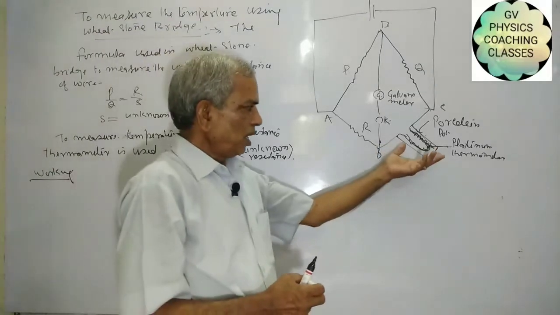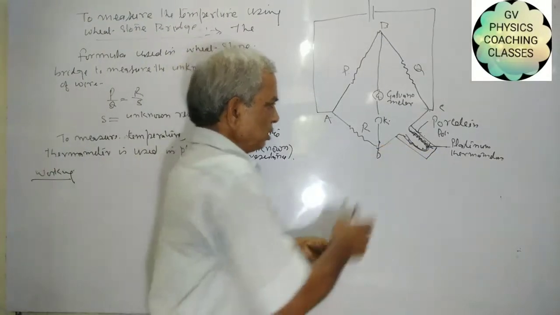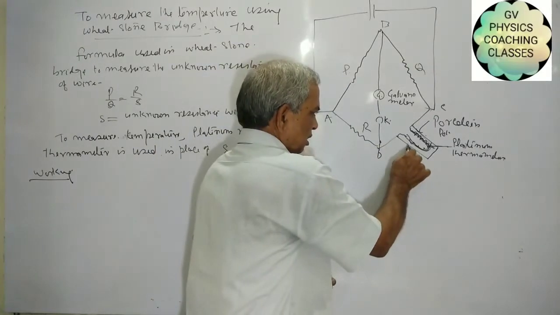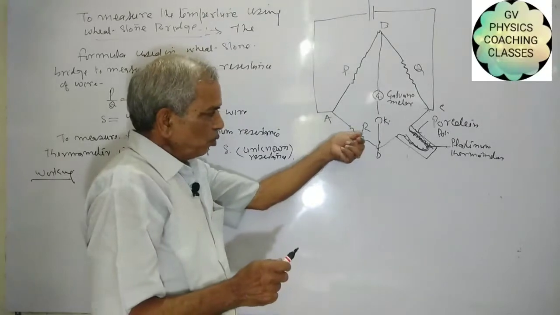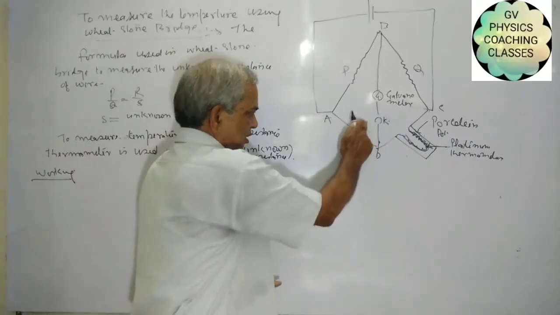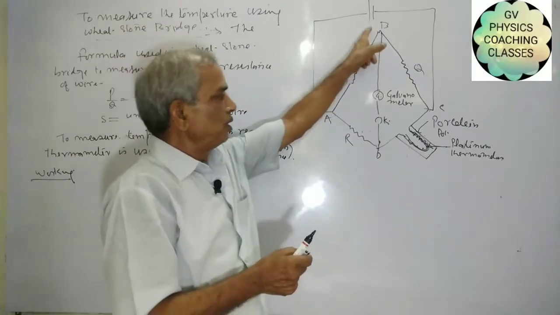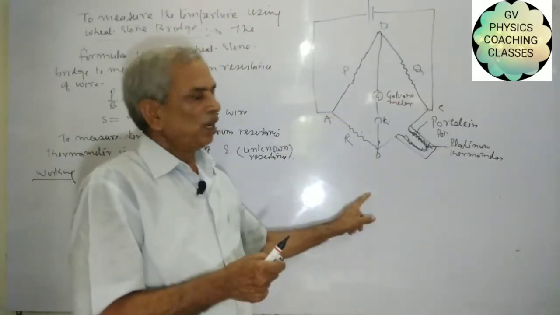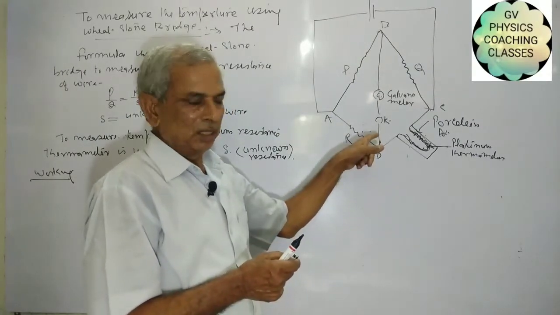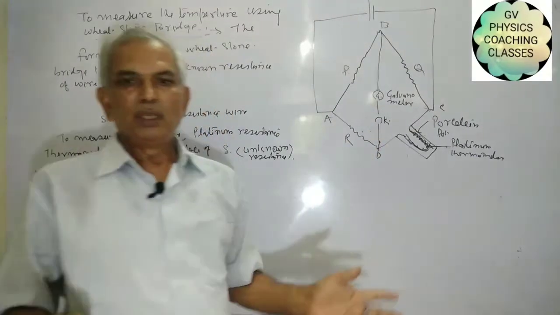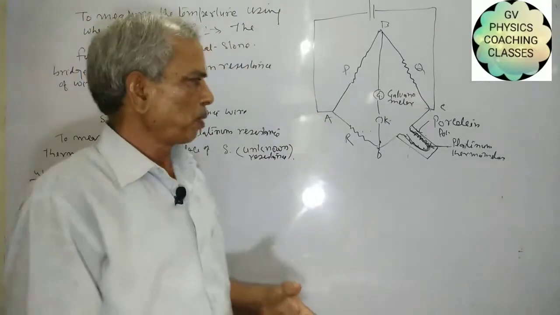The value of R is adjusted so that the potential of B and D becomes equal and there is no current in this branch. Then the galvanometer will show zero current.